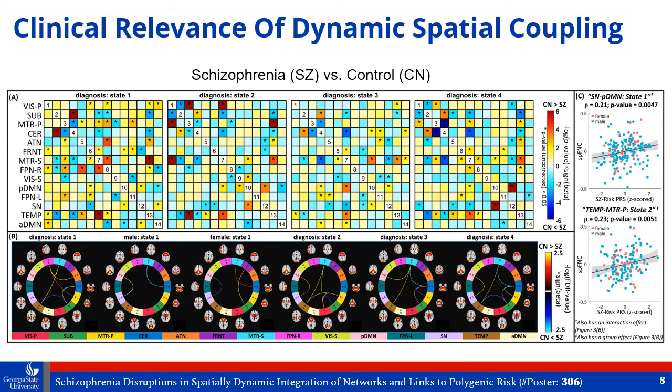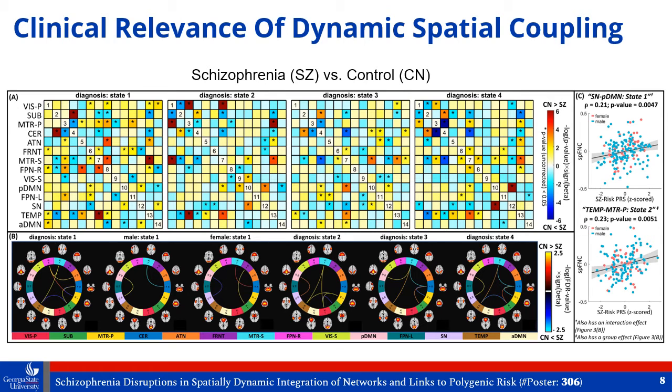Next, we use the spatial dynamic states to investigate schizophrenia-related alterations in the dynamic spatial coupling, or in the changes in the dynamic spatial integration and segregation. We run a statistical comparison for each spatial functional network connectivity pair using a GLM with age, sex, mean frame-wise displacement, and site as confounding factors.